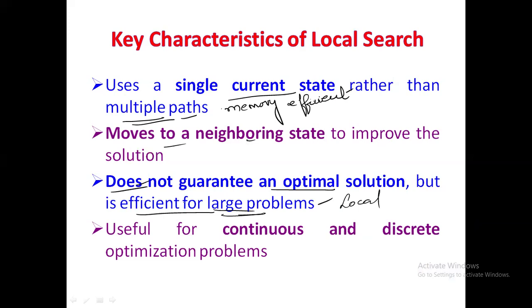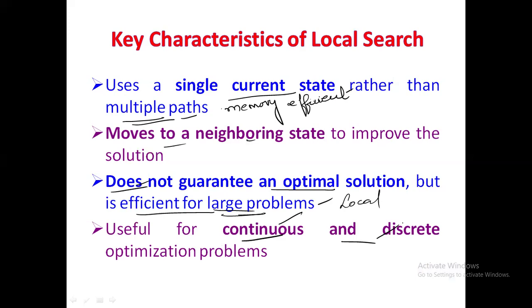local optima. And the fourth characteristic is that it is useful for continuous and discrete optimization problems. Local search is widely used in both continuous and discrete optimization problems.